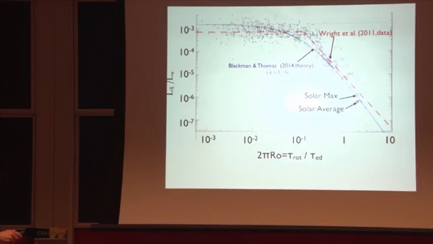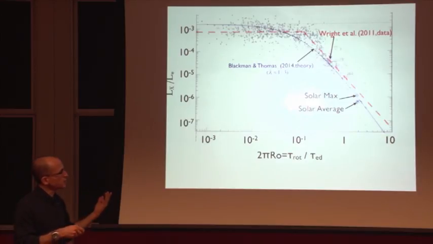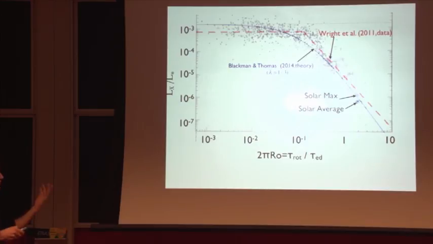So what's happening is, of course, in the low rotation, in the large period regime, you're seeing the effect of both the saturation of the magnetic field, its connection, and the fact that the correlation time is the convective turnover time. In this regime, you're seeing the fact that the correlation time is decoupled from that and is just simply the rotation time.